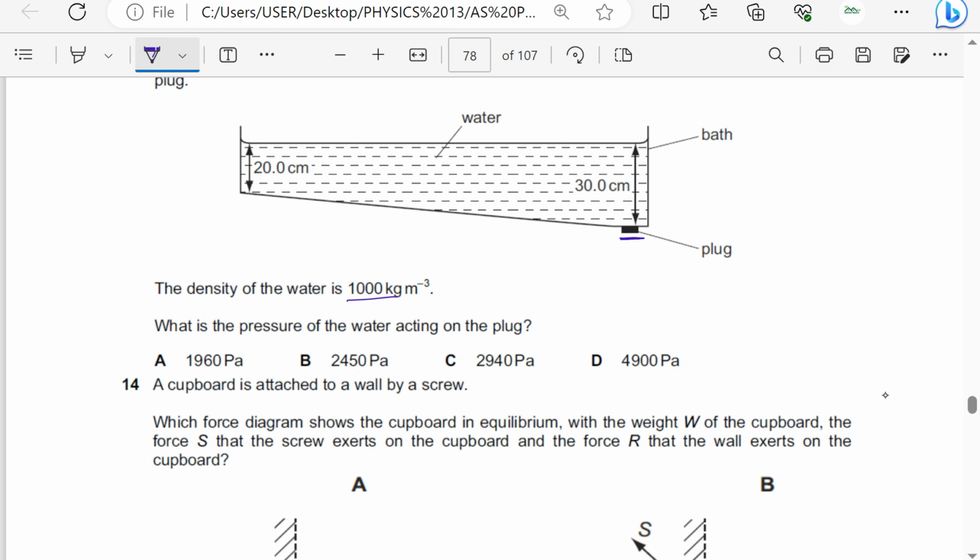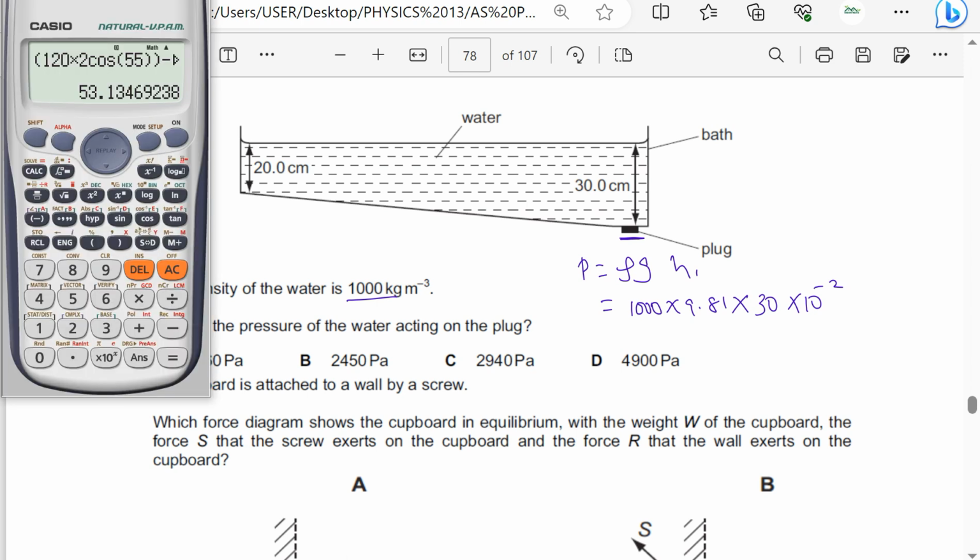So pressure is going to be equal to density times g times h. So this is density, which is 1000, times g, which is 9.81, times h, which is simply 30 times 10 power minus 2.